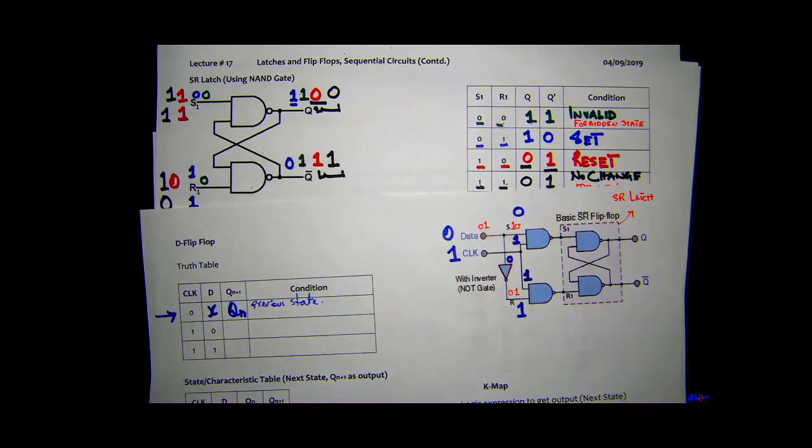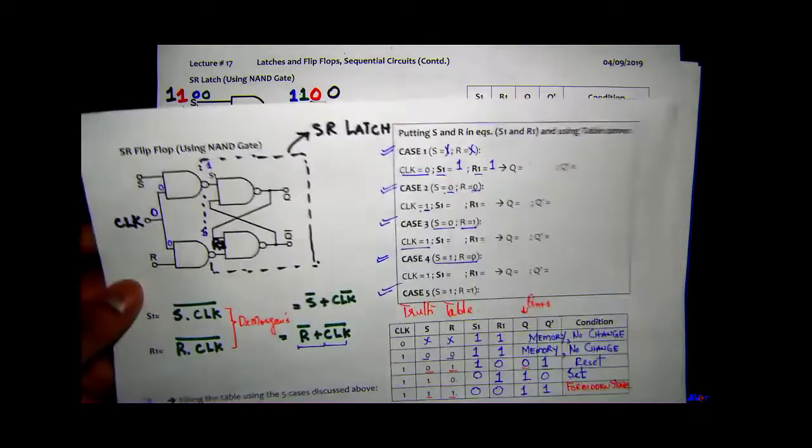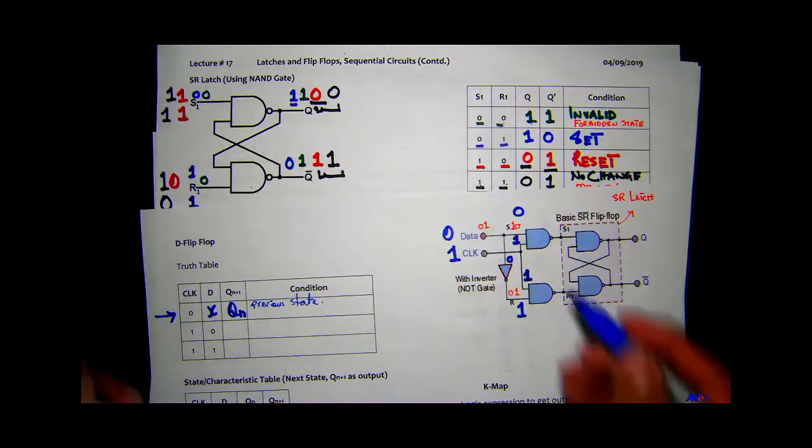Now, we know this part is the SR flip-flop.